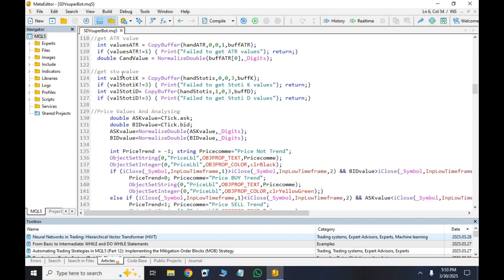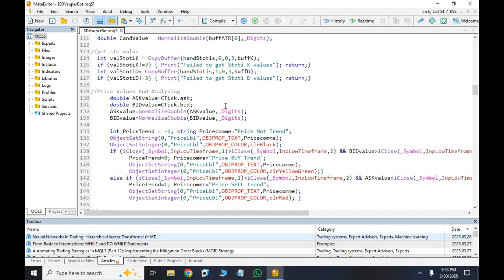And here the stochastic values: the stochastic K value is obtained by handle 0, buffer 0, 3, meaning the K values copy to buffer K, and 1, 0, 3 meaning the D values copy to buffer D, and it gets ready for analyzing. After price analyzing, we get this buffer K values and buffer D values.